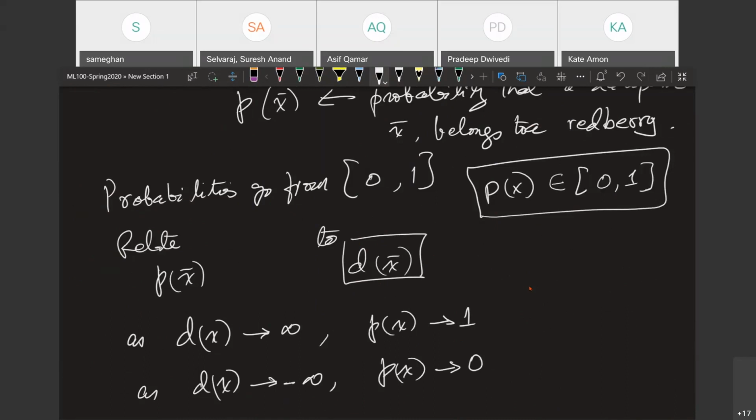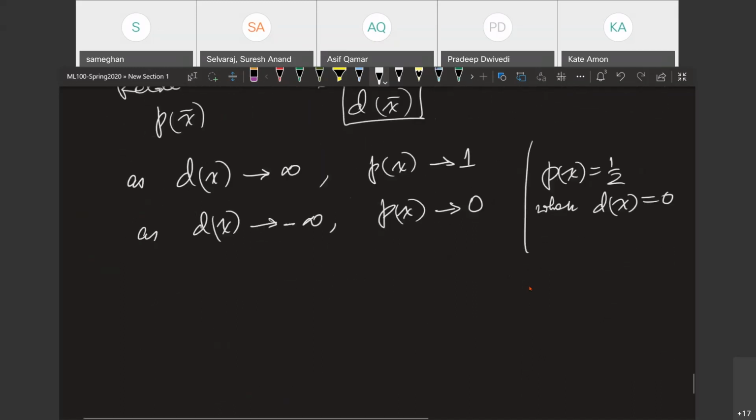And also we have P of x equal to half when d of x is equal to 0. In other words, when you're sitting on the decision boundary, the probability is equally on both sides. It could be blueberry or red berry.